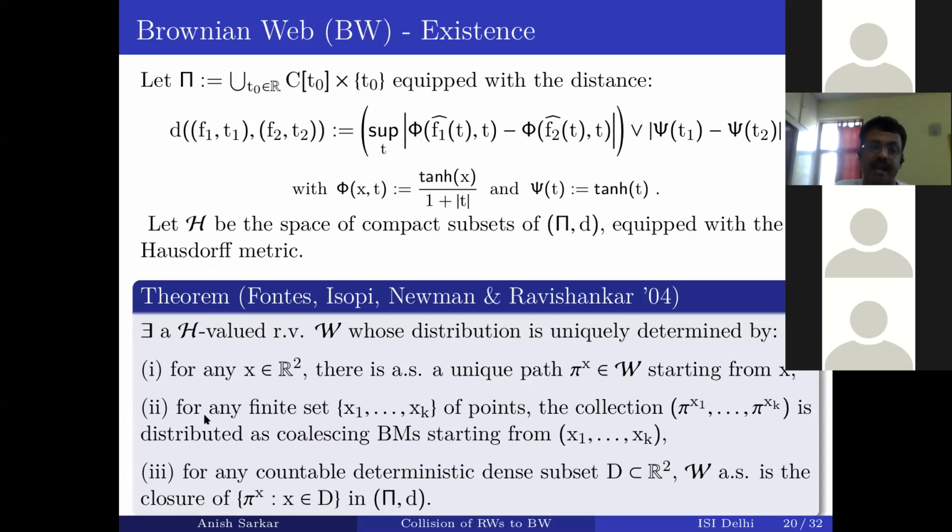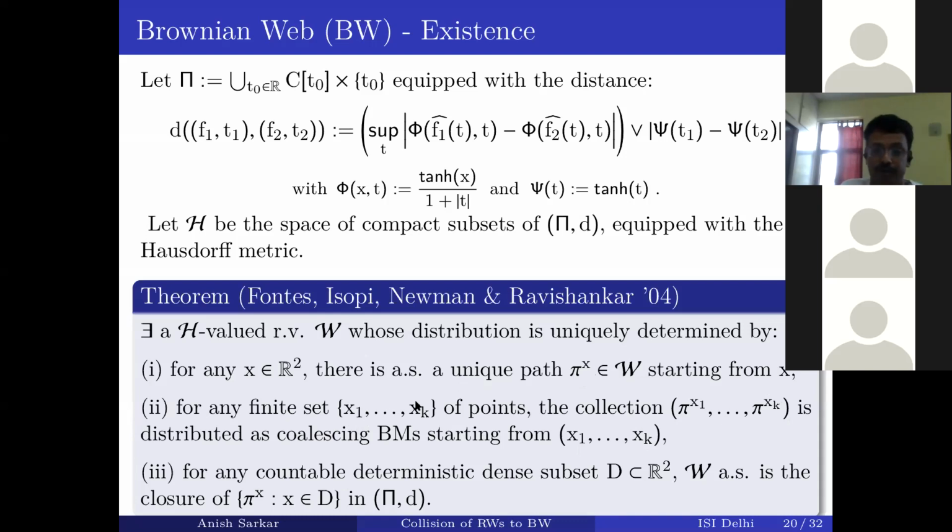Okay, and if you take finitely many deterministic points, these are all almost sure statements. I should have said they are almost surely. So almost surely there are paths pi_x1, pi_x2, up to pi_xk from each of them, and their distribution is a coalescing Brownian motion starting from x1, x2, up to xk.